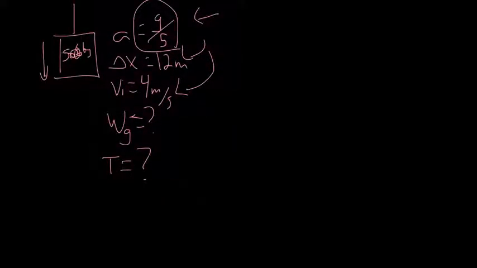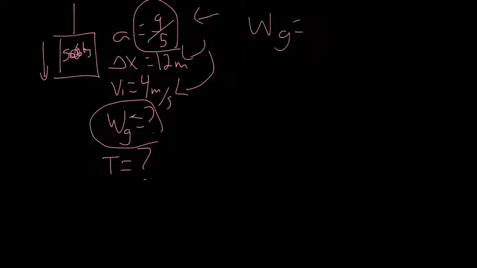So with these three quantities, we can actually find the final velocity. Okay, another approach we could take is that we can find the work done by gravity because we know what the weight is. The weight in this case is the mass of 500, and acceleration of 9.8, or the strength of gravity, I guess. And then we can multiply this by the displacement of 12 meters.